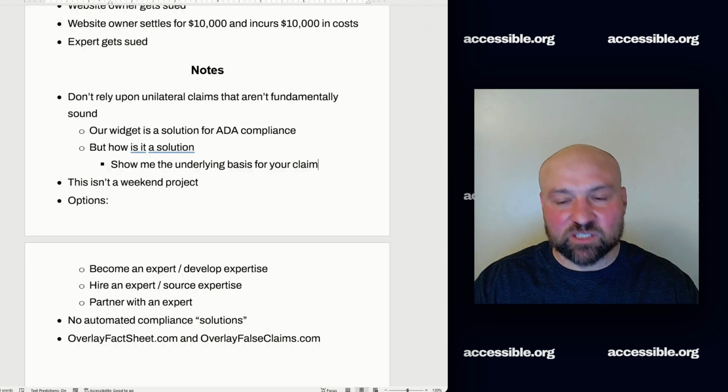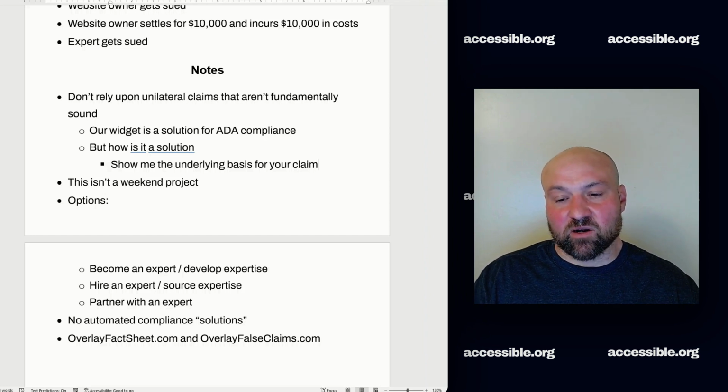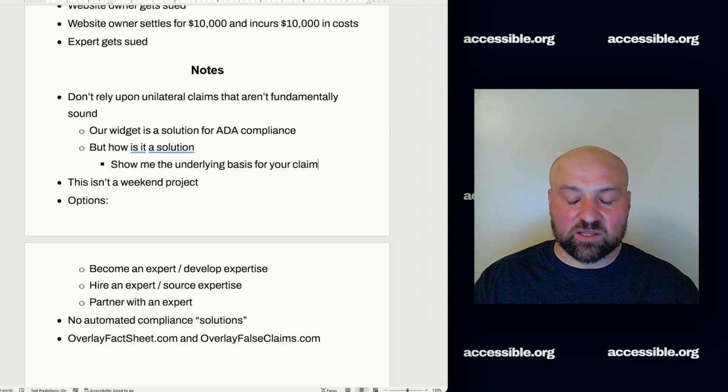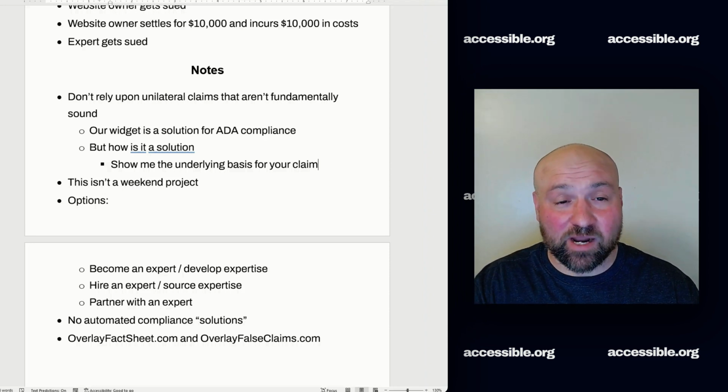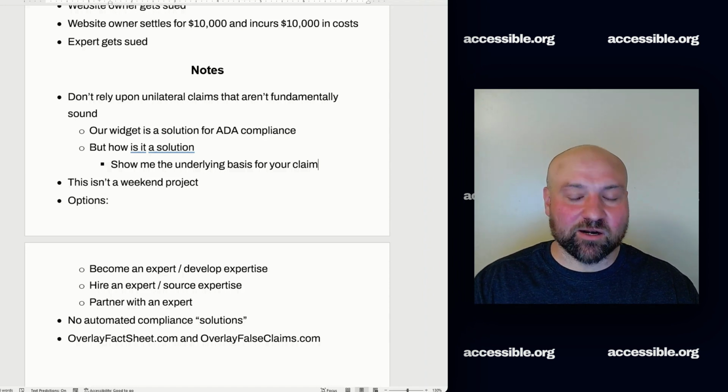Anything that's an overlay widget, anything that's an overlay, any automated remediation, any automated audit, stay away from it. And then last I have here overlayfactsheet.com and overlayfalseclaims.com. Read these websites. This is really good education if you are at all tempted by an overlay widget. Just start here and read these.